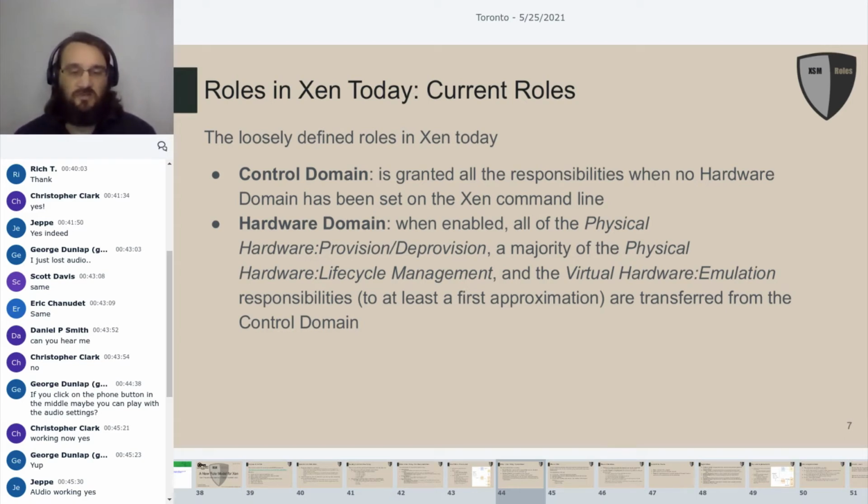When the hardware domain comes along, the physical hardware provisioning and deprovisioning roles, the hardware lifecycle roles, and the virtual hardware emulation all move from the control domain to the hardware domain. And so the dummy policy just continues to enforce this.